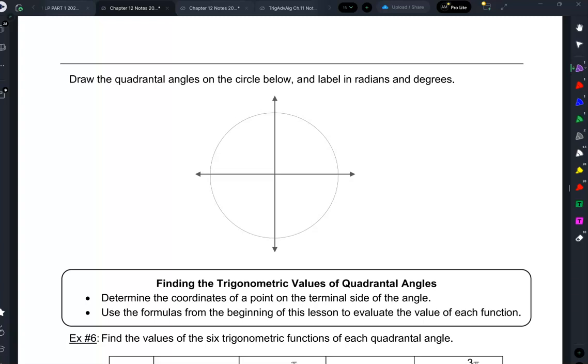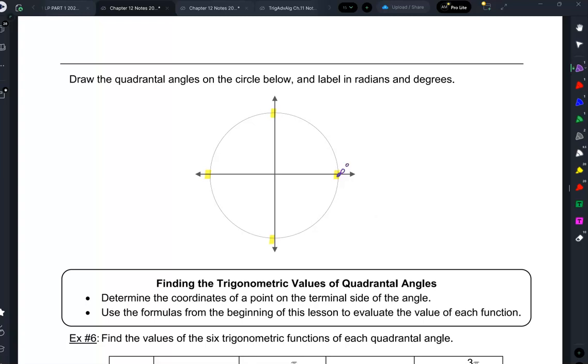Now, if your angle is a quadrantal angle and it falls on one of the axes, then what you want to do is use the coordinates, like the first page of section 3. So for example, if your angle is 0 degrees, you're here.